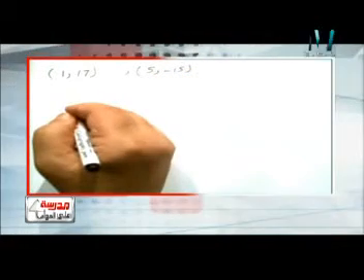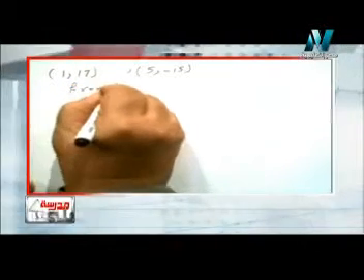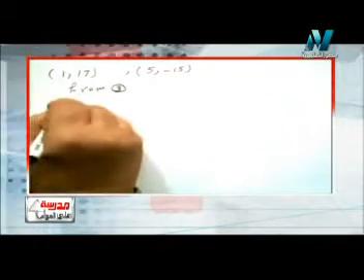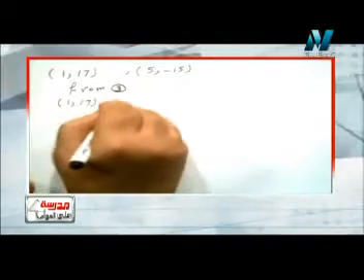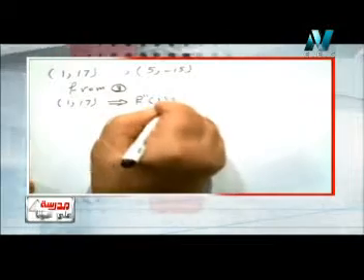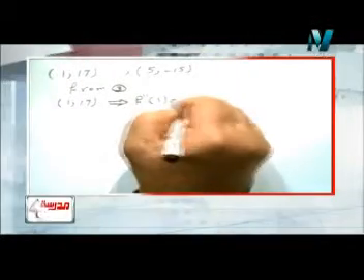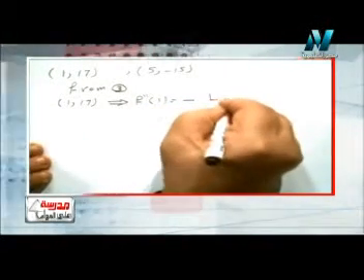To show whether these points are local maximum or minimum, discuss with f double dash, from 3 times 2x minus 6. At the point 1 and 17, f double dash 1 equals, substituting in 3 times 2 by 1, 2 minus 6, is negative, and it is local maximum.